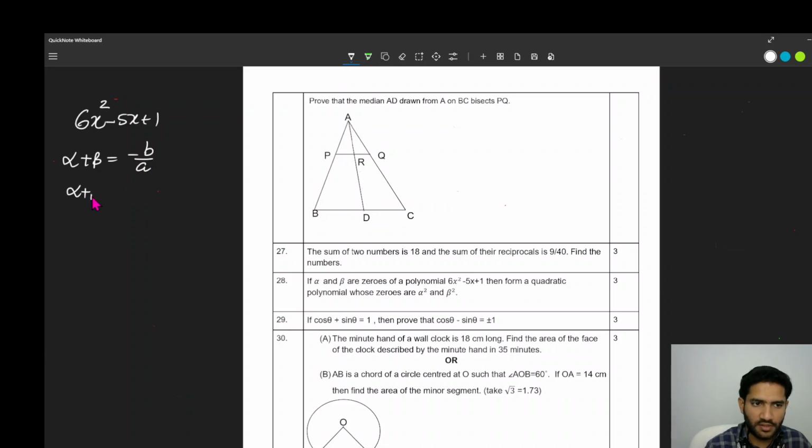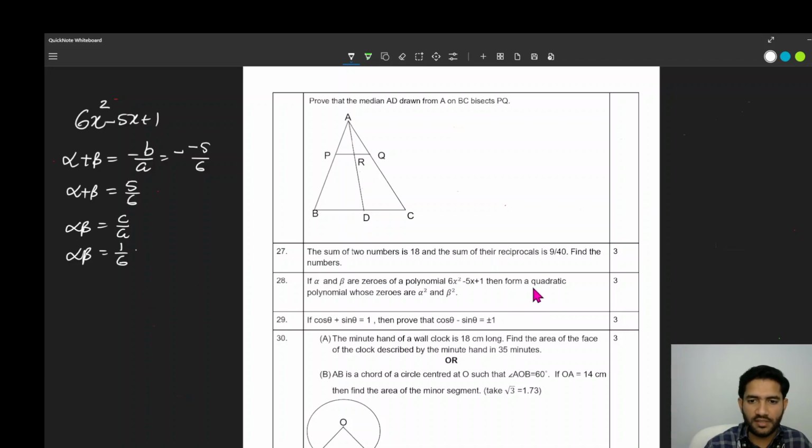So here alpha plus beta, minus b means minus of minus 5, a means 6. So alpha plus beta is equal to 5 by 6. And alpha into beta is c by a. So here alpha into beta is equal to 1 by 6. These are the relations between zeros and the coefficients of the polynomial.